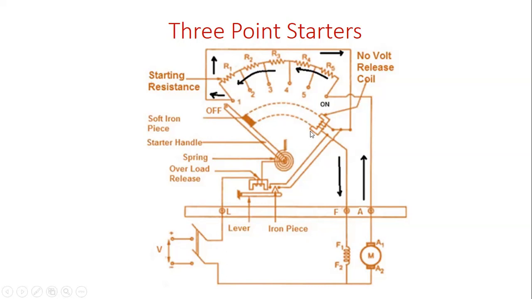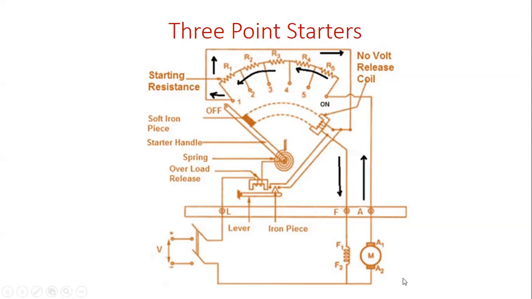If the magnetization is reduced such that this magnetic force is lesser than the spring force, there are two forces acting here. One is the spring force, another is the magnetic force of the no voltage release coil. For better working, the no voltage release coil's magnetic force should be higher compared to the spring force.